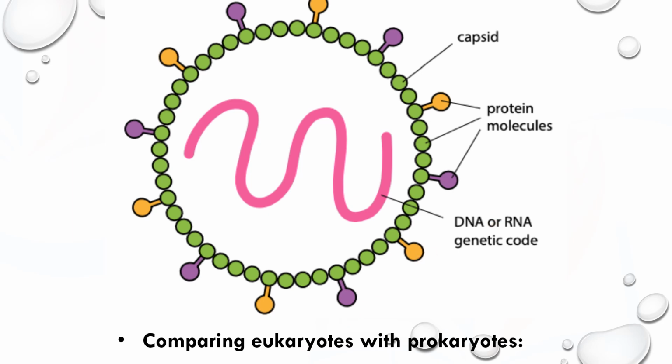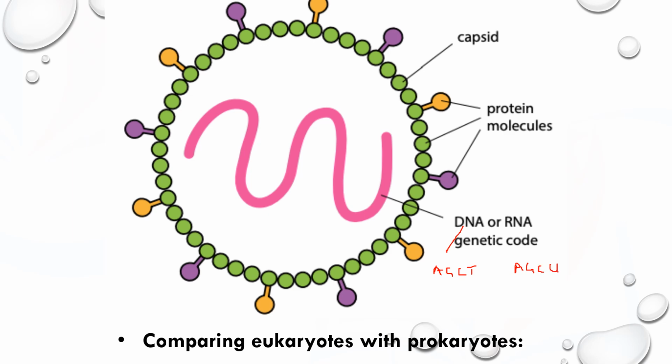And don't forget, guys, for DNA, watch this. DNA has how many bases? It has adenine, guanine, cytosine, thymine. RNA has what? Adenine, guanine, cytosine, uracil.